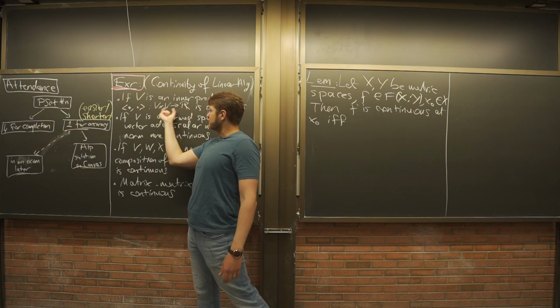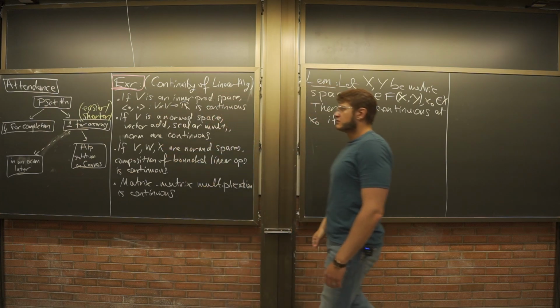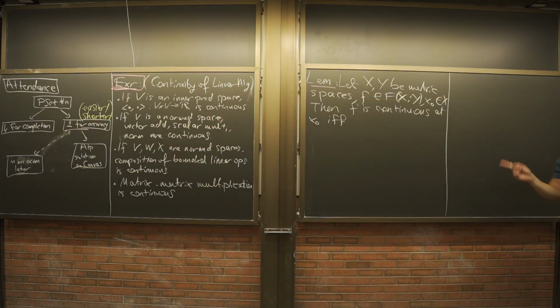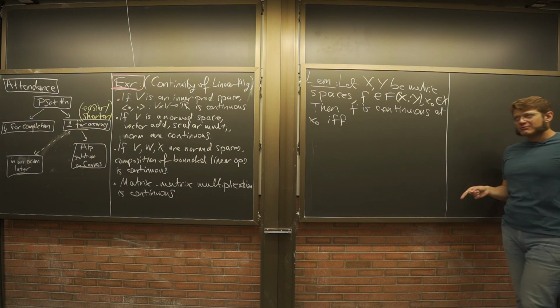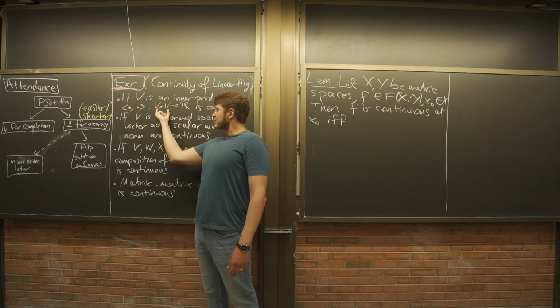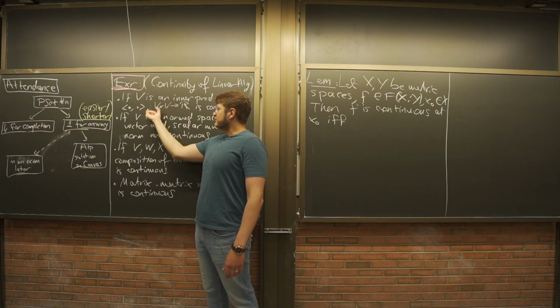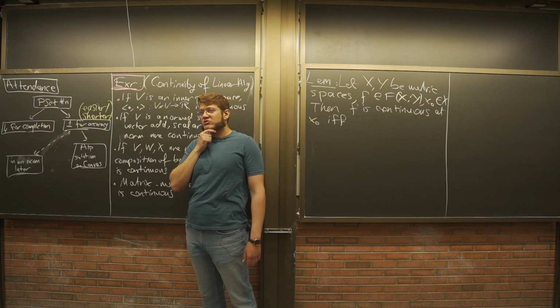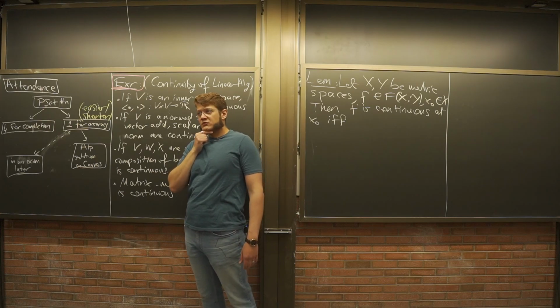Right? It takes two vectors, gives me back a number. We said that any inner product induces a norm, and then any norm induces a metric, which means that, again, I can here look at the product metric. And if I have a function between two metric spaces, I can ask whether or not it is continuous. OK?